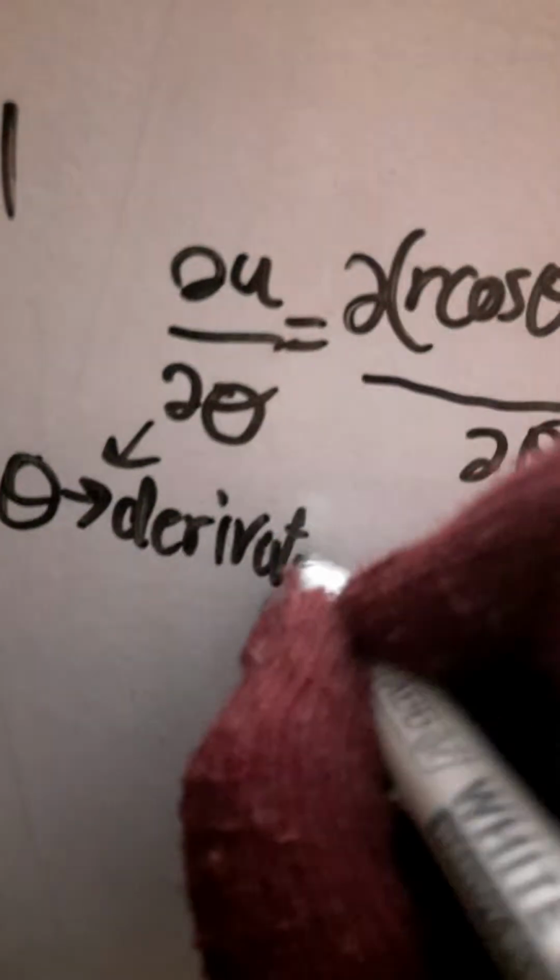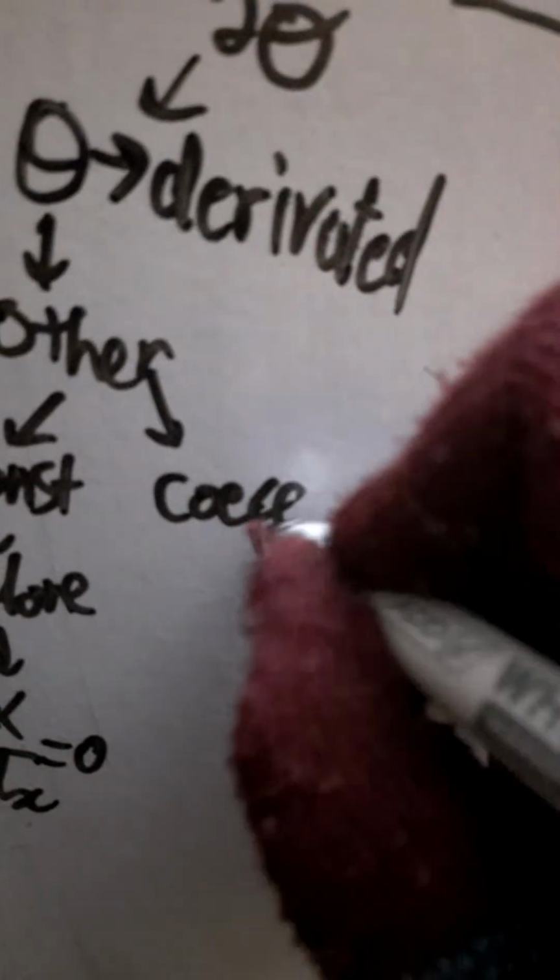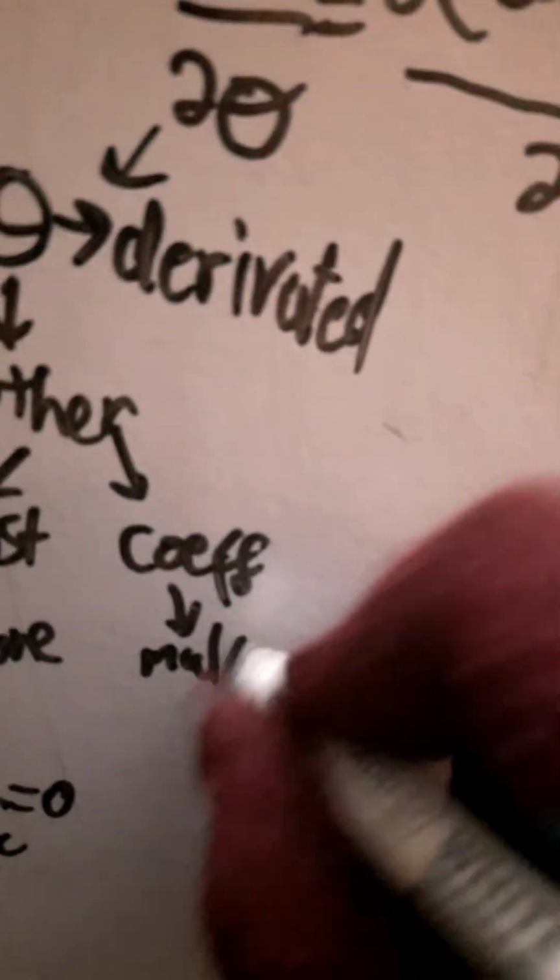Others would either be constant, if alone, and the derivative would be 0, or others can be coefficients, if they are multiplied or divided with the theta function, joined as one term with theta, so they are part of theta.